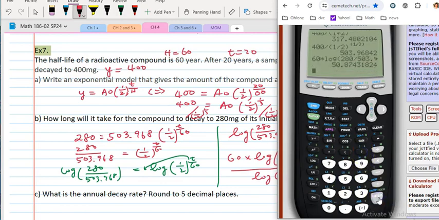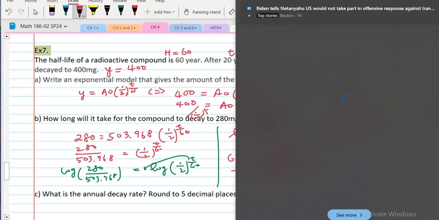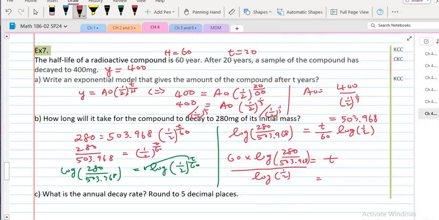Close it. 50.87. There. And this is in years. Because after 20 years it is 400, and it started with 500. Yeah, that makes sense. It would be a lot more years to decay to 280.